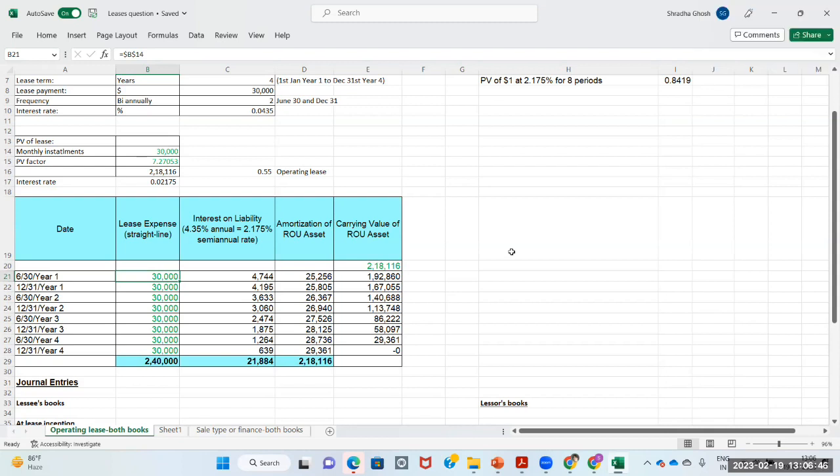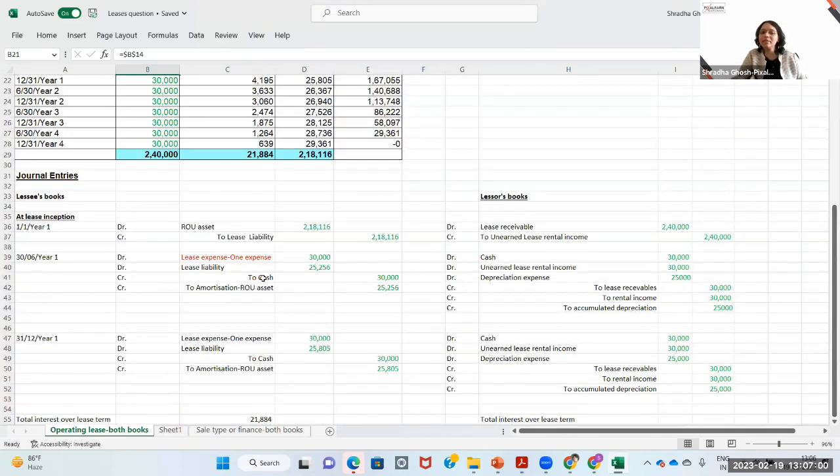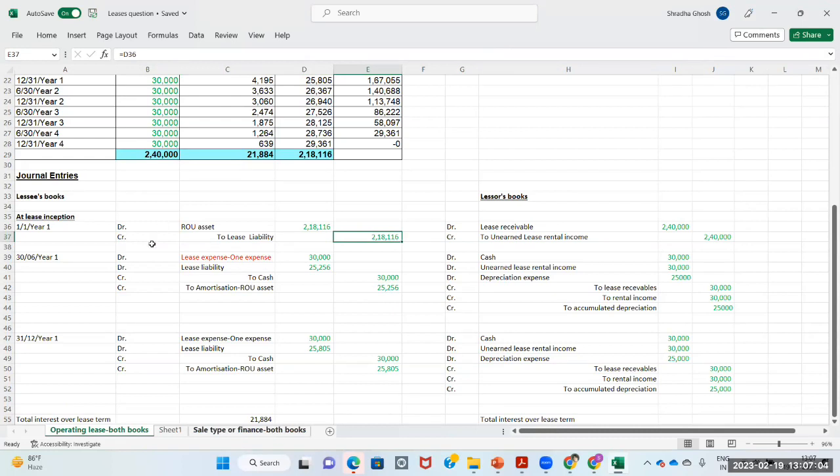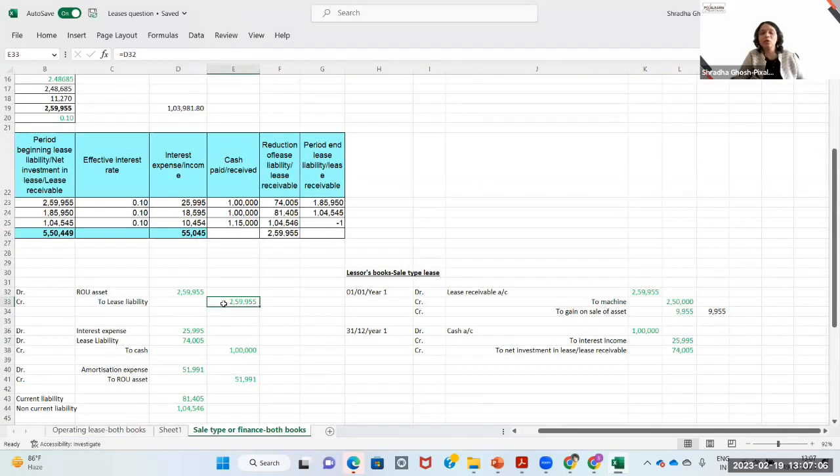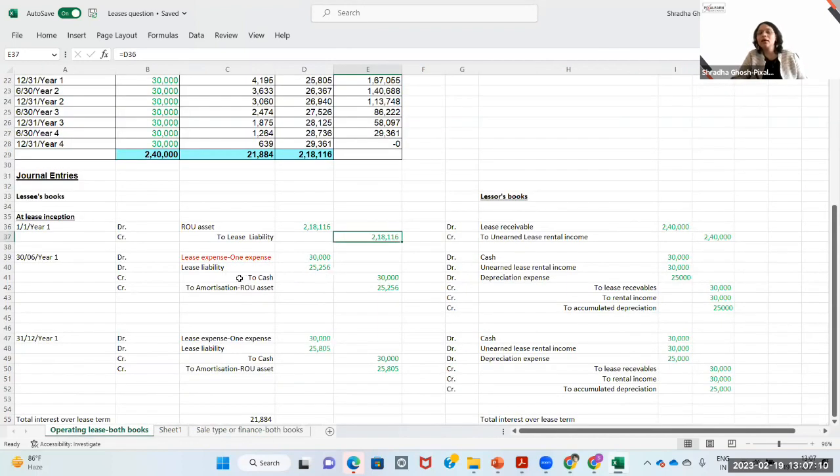The only delta is that in the finance lease, I'm calling it interest and amortization. In the operating lease, I'm calling it lease expense. But typically my P&L is not changing. Same with my liability. In both the cases, my liability is coming down by the effective interest method. Do you see this? Yeah. The only delta is in the amortization, that means the asset in the balance sheet.